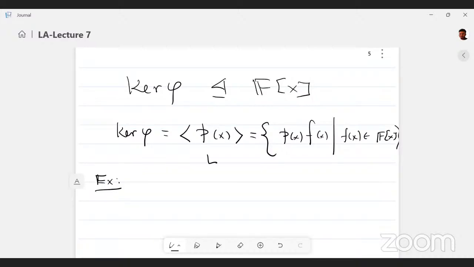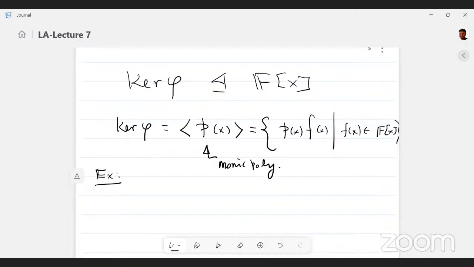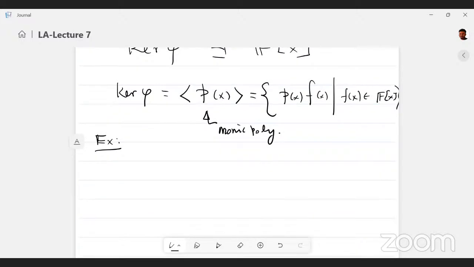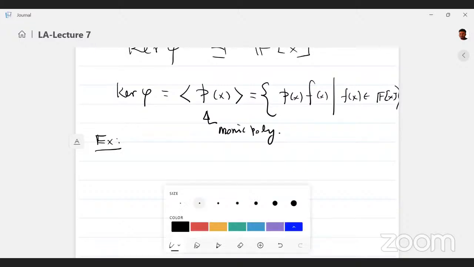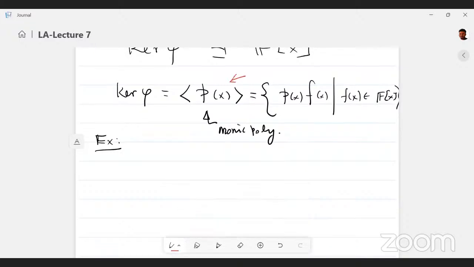So by choice, we take it to be a monic polynomial. This is called the minimal polynomial of T.